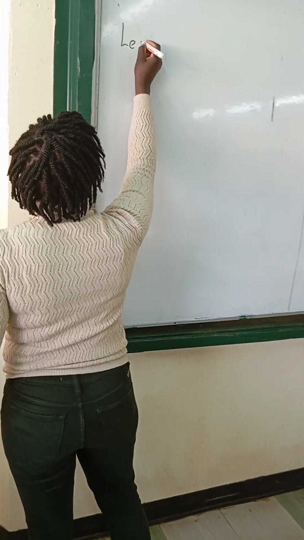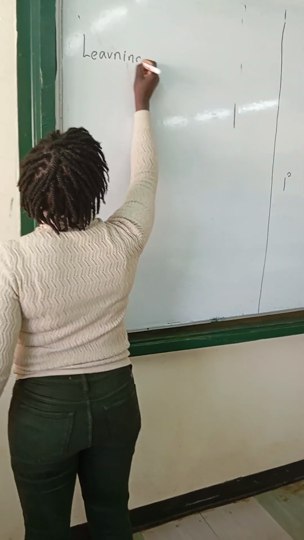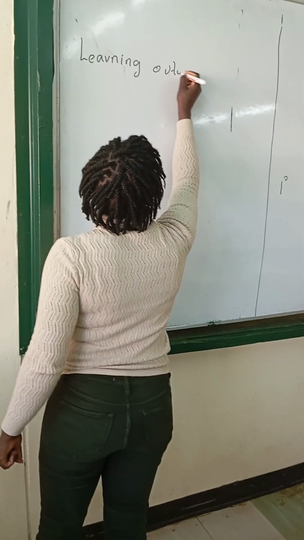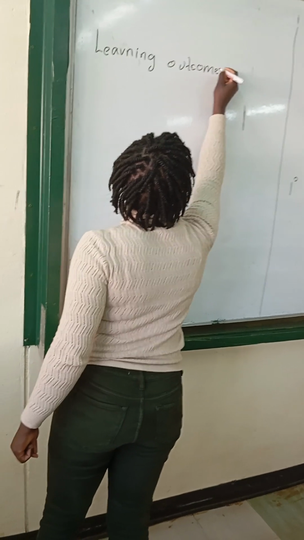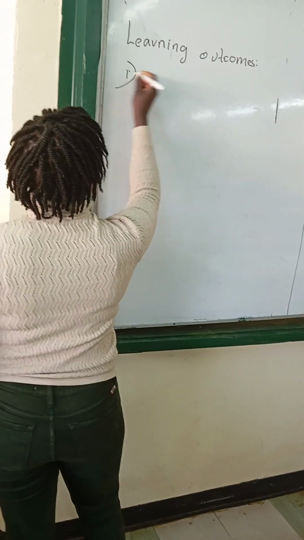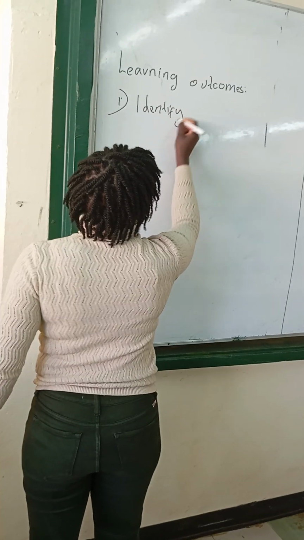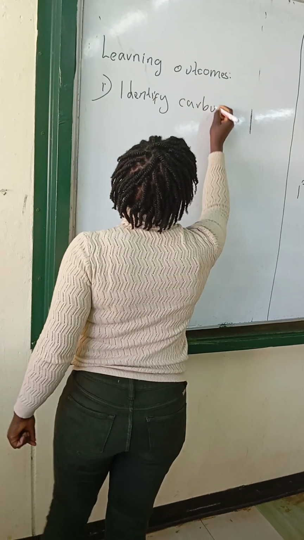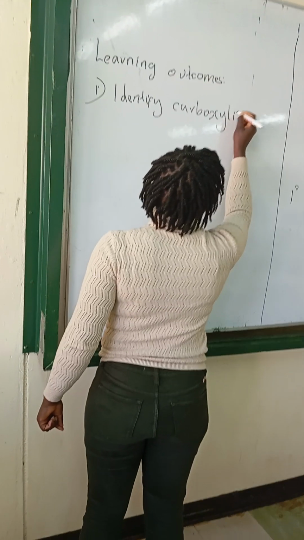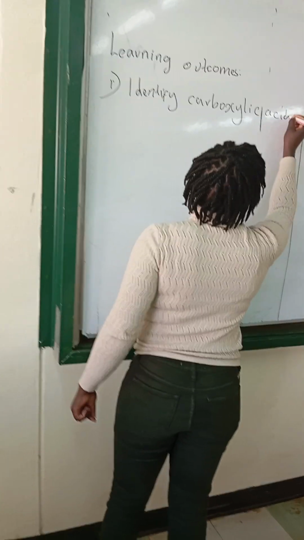So we have two learning outcomes today. Our first learning outcome is to identify carboxylic acid.